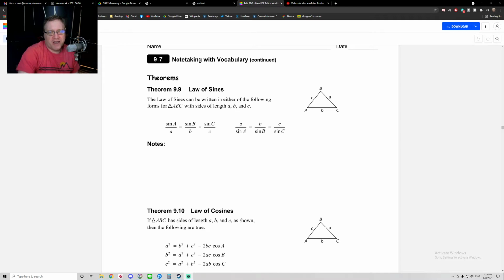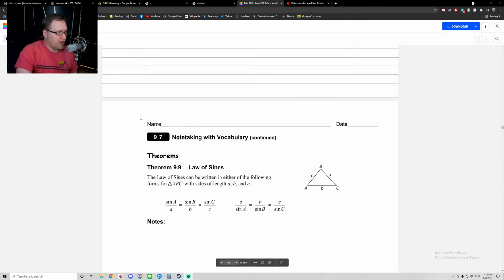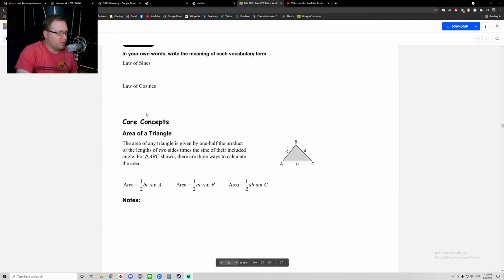So we're going to go ahead and move on with this section 9.7. We're going to continue to learn about these things. Yesterday we talked about how to find the area of a triangle if we know two sides and the angle between the two sides.